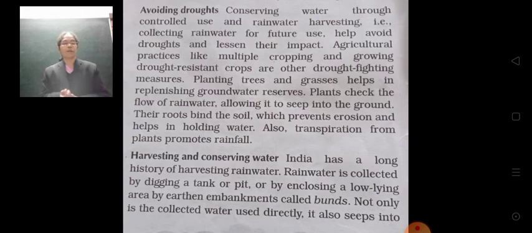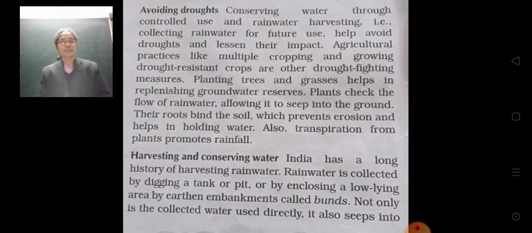If we harvest rainwater for future use, then we can avoid droughts and reduce their impact. Agricultural practices like multiple cropping and growing drought resistant crops are other drought fighting measures.